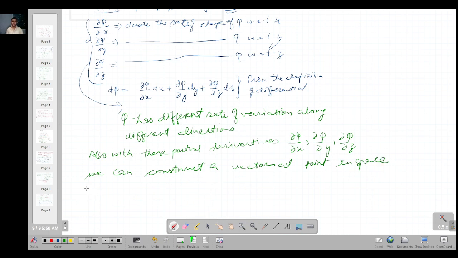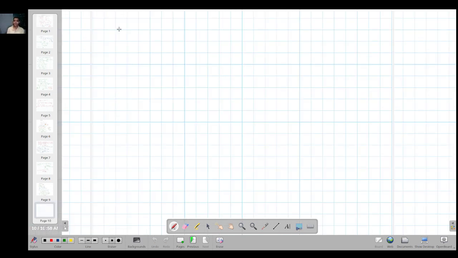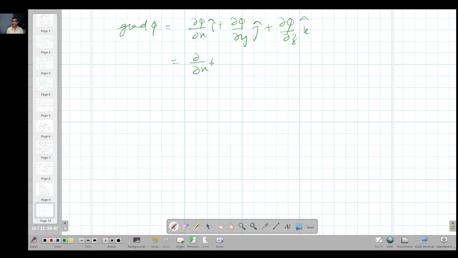This vector is called gradient of phi, which can be written as gradient phi, right, which we have to keep in mind. So therefore gradient phi can be written as ∂phi/∂x i cap plus ∂phi/∂y j cap plus ∂phi/∂z k cap, or it can be written as ∂/∂x i cap plus ∂/∂y j cap plus ∂/∂z k cap acting on phi, and this is basically del phi.